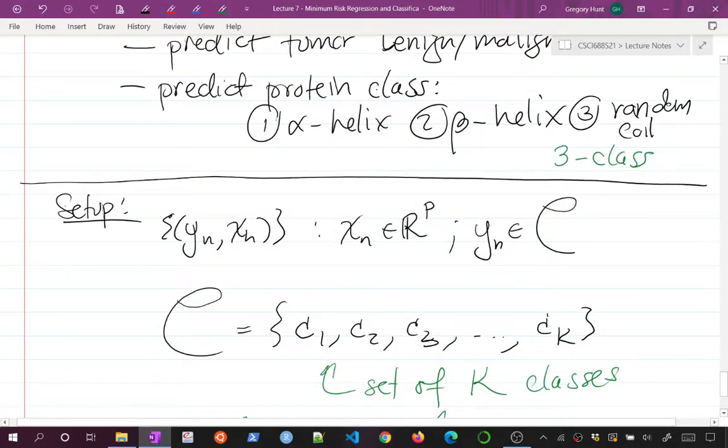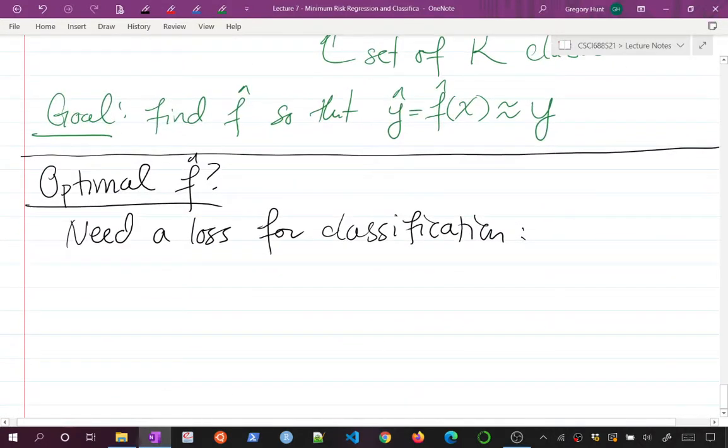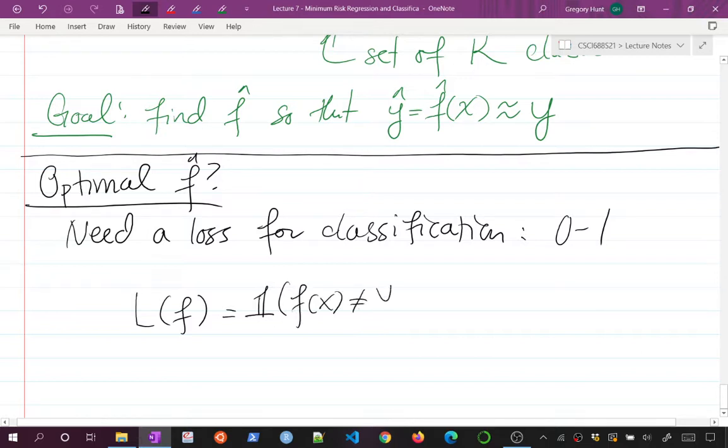You can't assign a meaning to that. Since our outputs y are not numeric, they're classes, you can't really use a squared loss. What we use is called the 0-1 loss, and it says that the loss of f is the indicator that f of x is not equal to y.